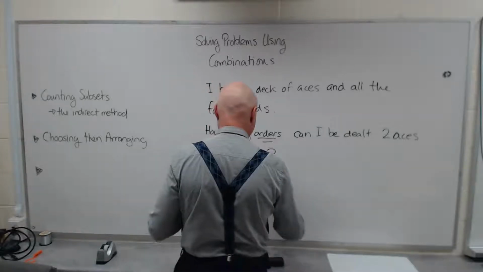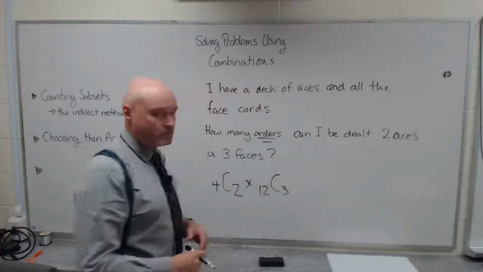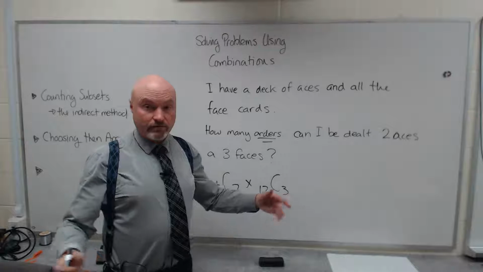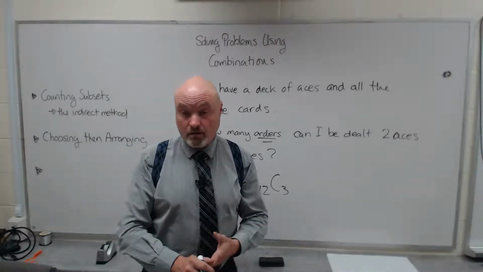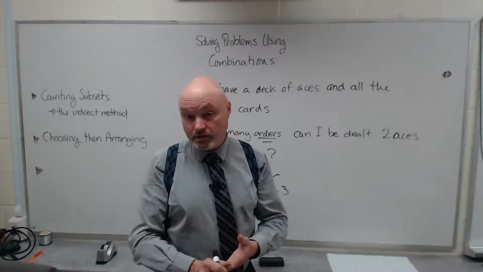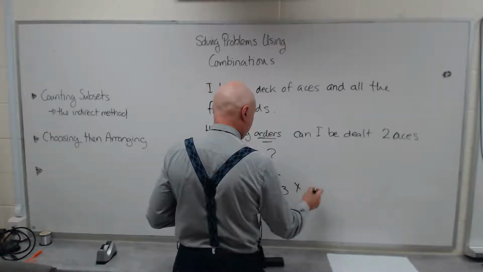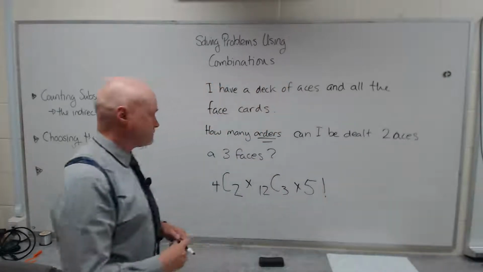So there are 12 face cards, and I have to choose 3 of them to make 5. Okay, those are all the possibilities of the combinations of 2 aces and 3 faces. If order matters, all I really need to do now is multiply that by the number of permutations of the 5 cards. And so I multiply that by 5 factorial.